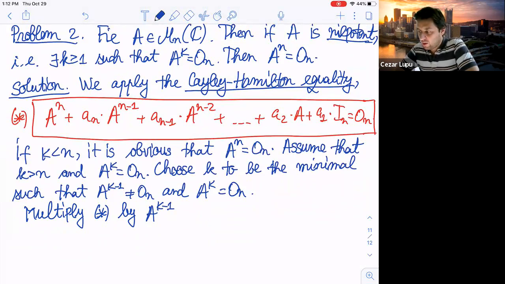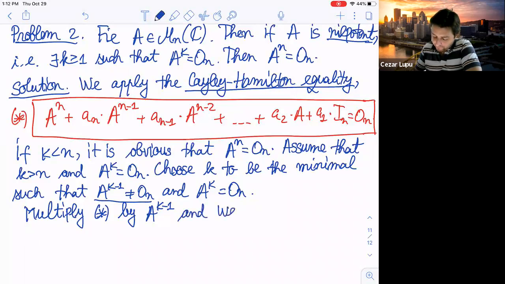Okay, so what we're going to do, because a to the power k minus 1 is not the null matrix, and we have, so what do we have?